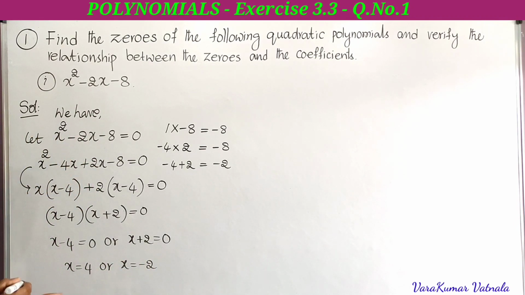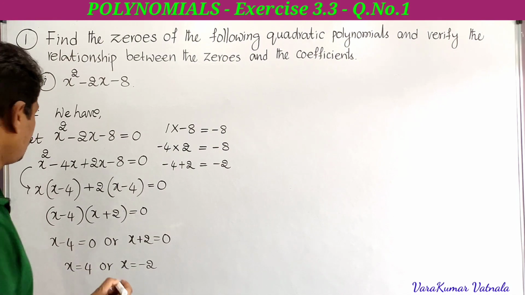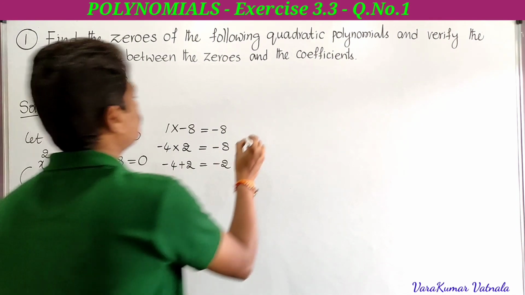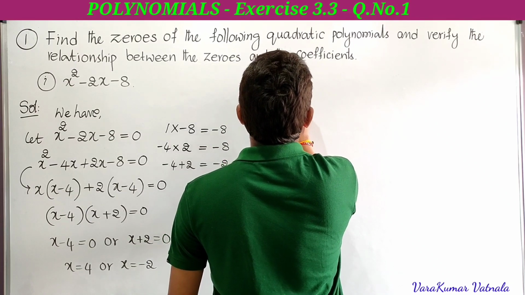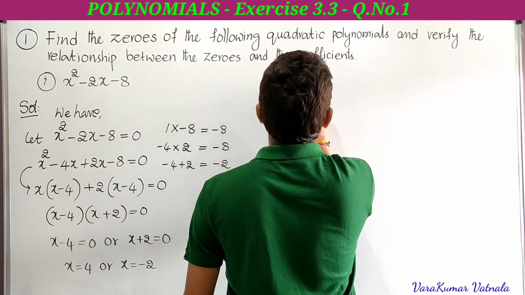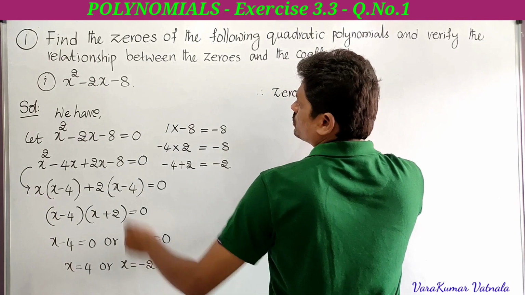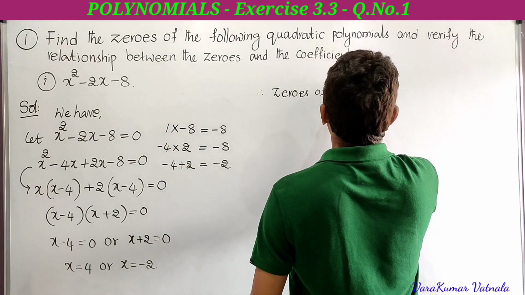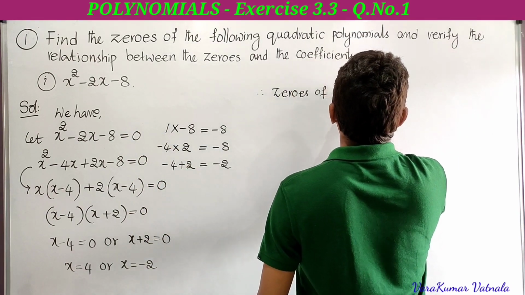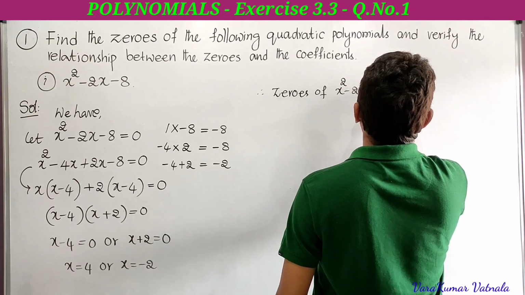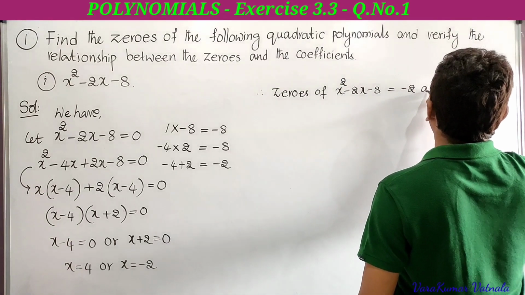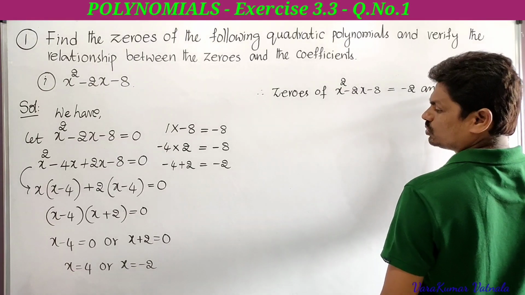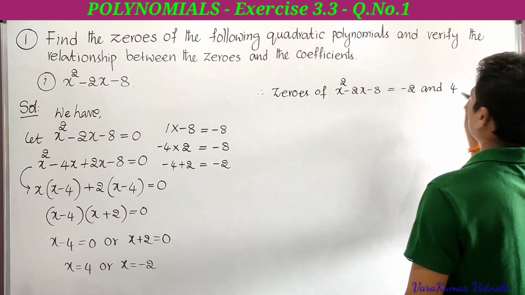So 4 and minus 2 are the zeros. Therefore the zeros of x square minus 2x minus 8 are minus 2 and 4.